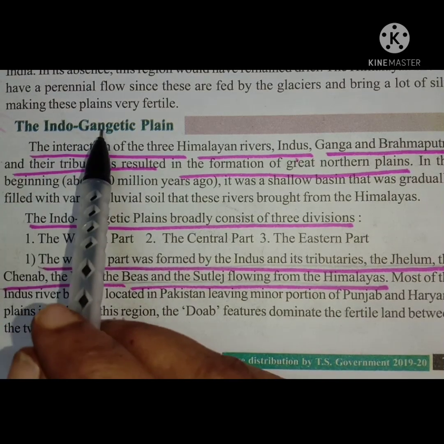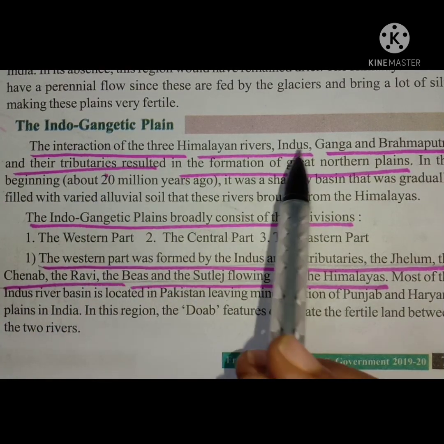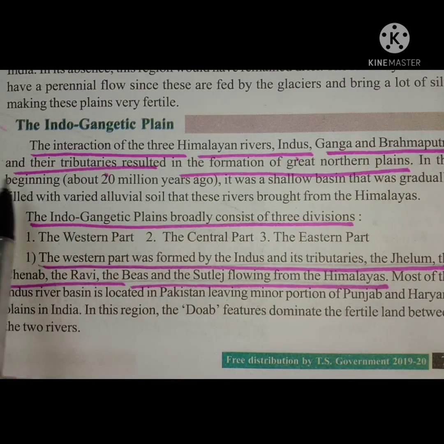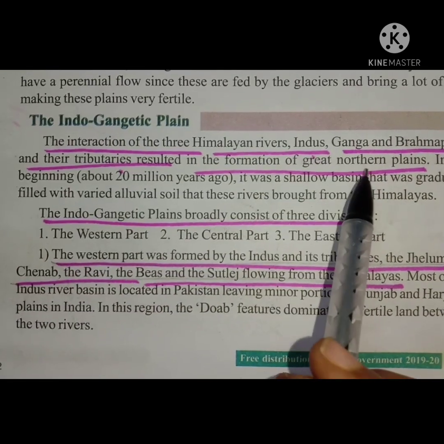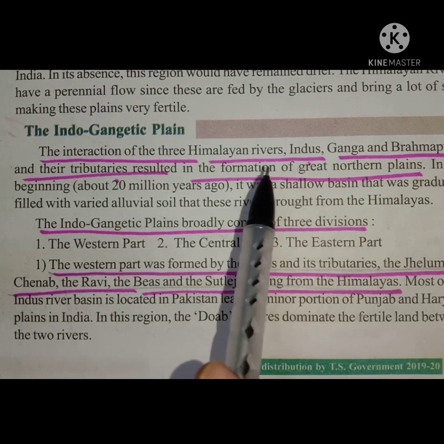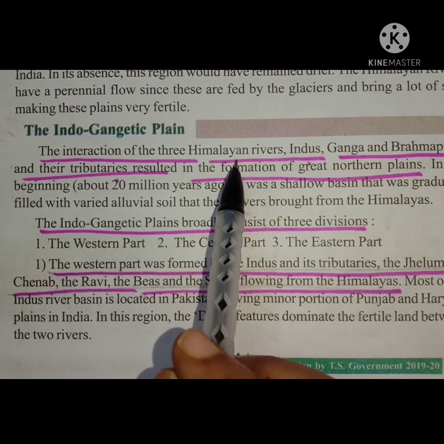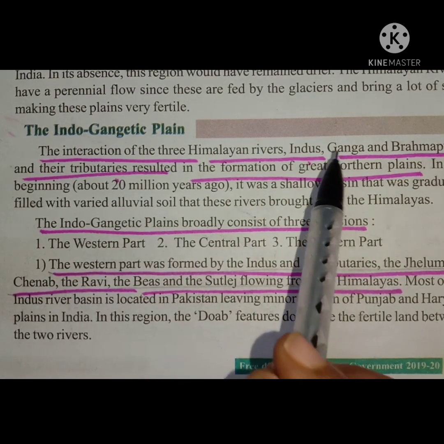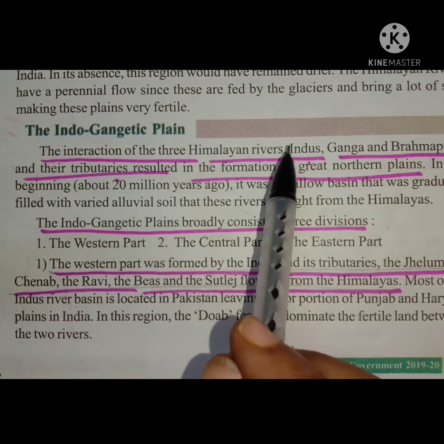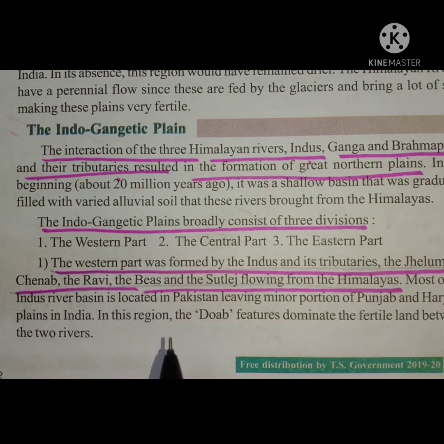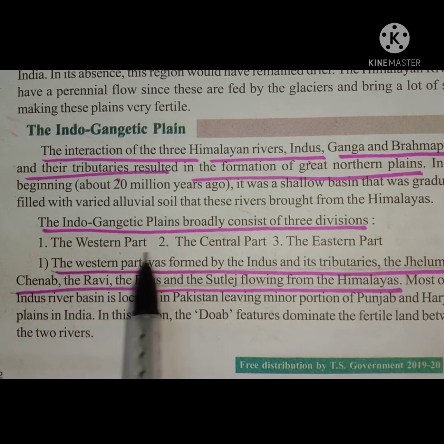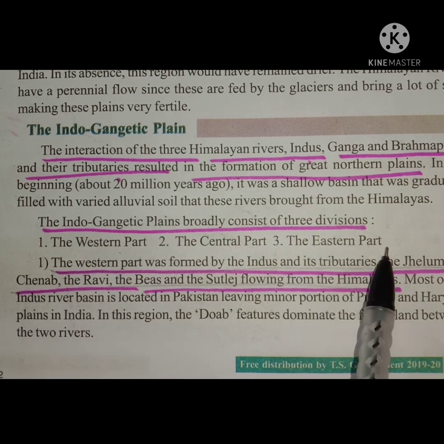The interaction of 3 Himalayan rivers, Indus, Ganga and Brahmaputra, and their tributaries resulted in the formation of the Great Northern Plains. The Indo-Gangetic Plains broadly consist of 3 divisions: the western part, the central part and the eastern part.